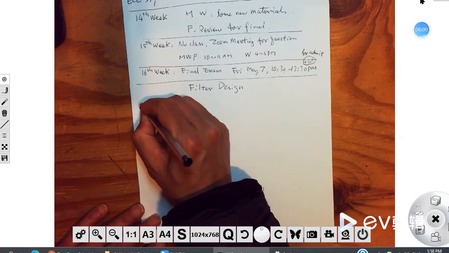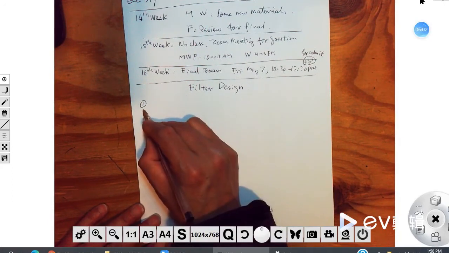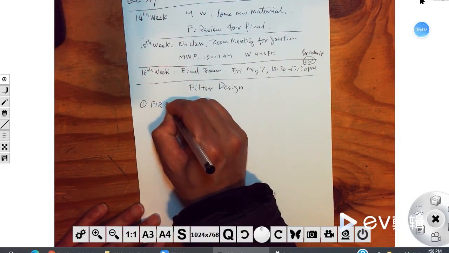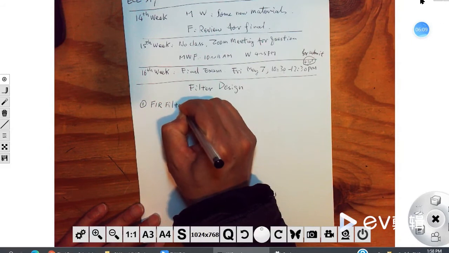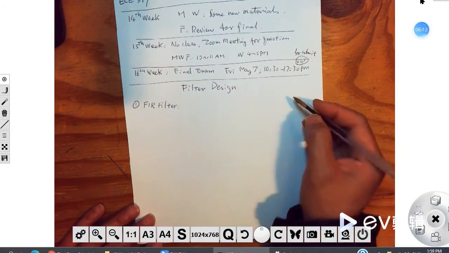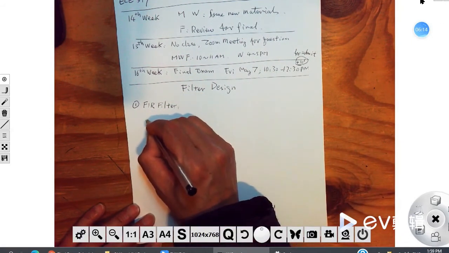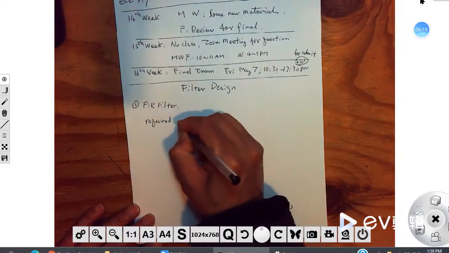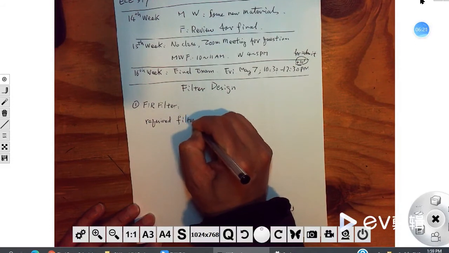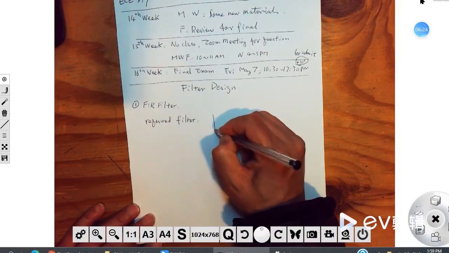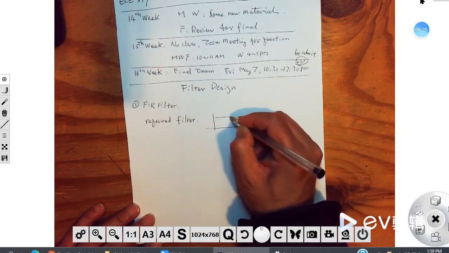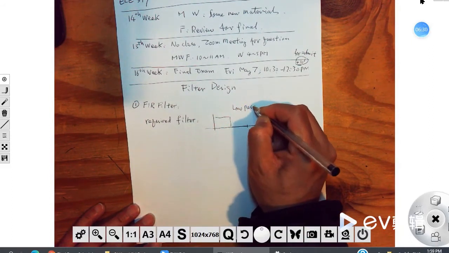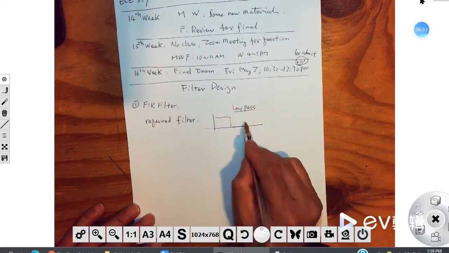The result of the first method is an FIR filter. We want the required filter. I use just one example to explain it. This is a low pass filter, and this is the ideal one, right?